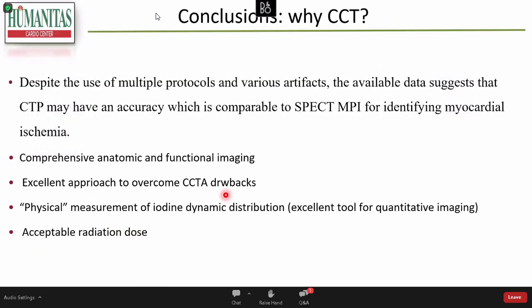So why should we do CT angiography in patients with stable angina? And why is it today the gold standard and the first tool according to clinical guidelines? Firstly, CT perfusion and CT angiography is comparable, if not superior, to SPECT, and this is something that gives us a strong value.